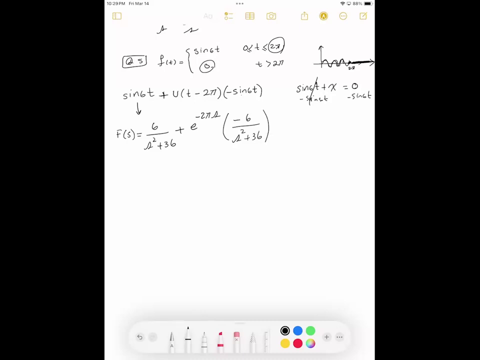So this negative and positive get multiplied, and the plus sign turns into a subtraction. Or you could factor the greatest common factor, which is 6 over s squared plus 36, and on the numerator I get 1 minus e to the power minus 2 pi s.